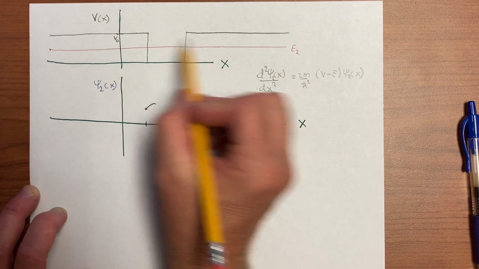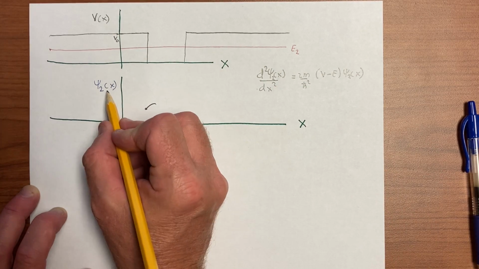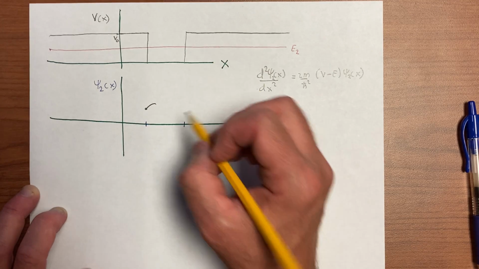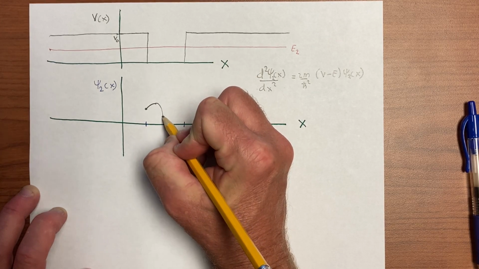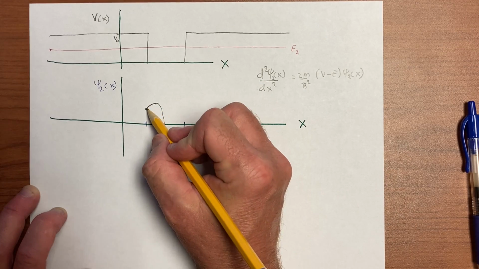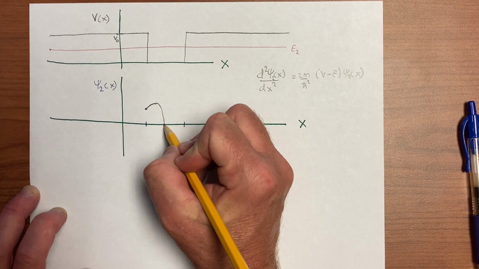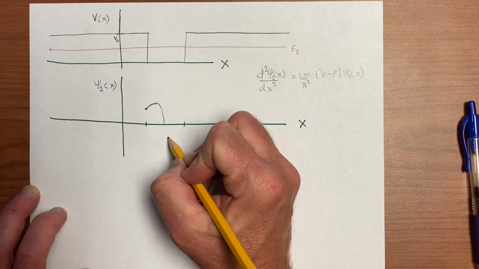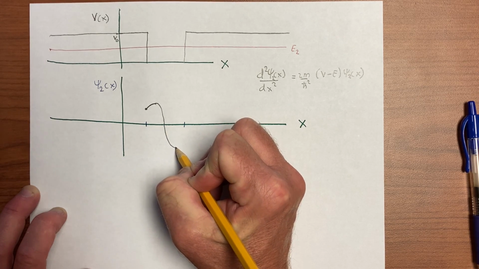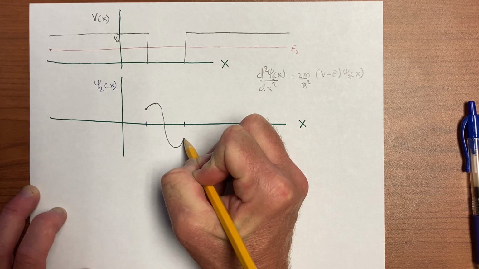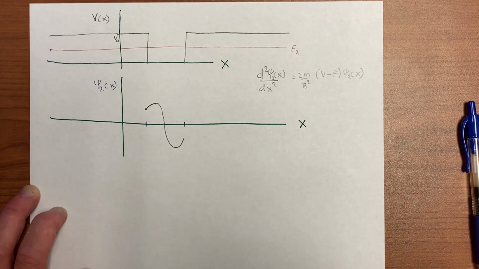Our eigenfunction has to reflect the symmetry of the potential, so we have to have an odd function, so we have to come through 0, always bending toward the axis. And that's true below, so the function is negative, so we have to bend upwards. And that looks fairly symmetric.